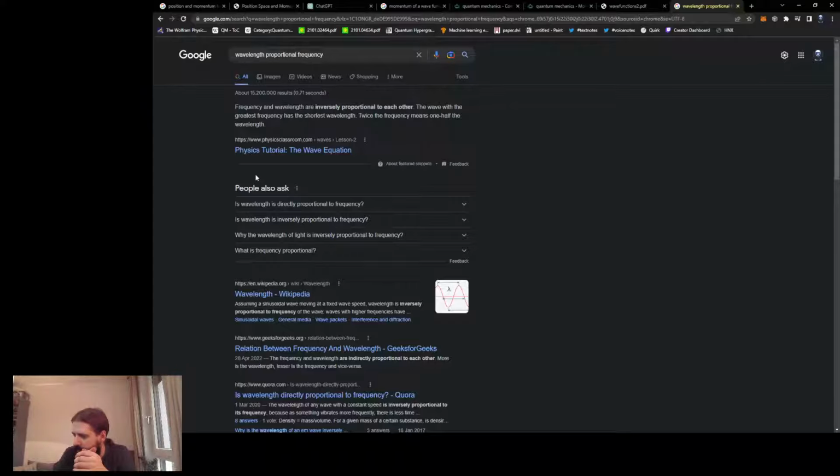But what is a wave function? The wave function is something that, when you square it, gives you a probability distribution. It tells you the probability of finding a particle at a specific point in space.